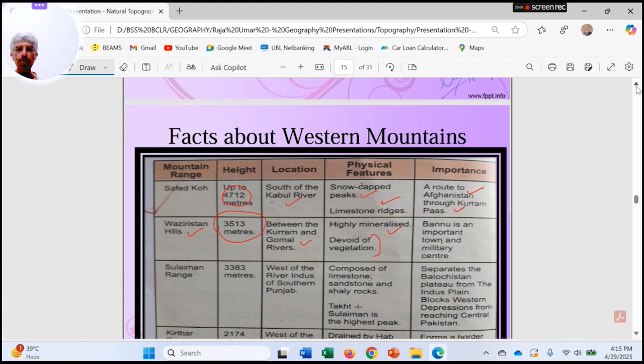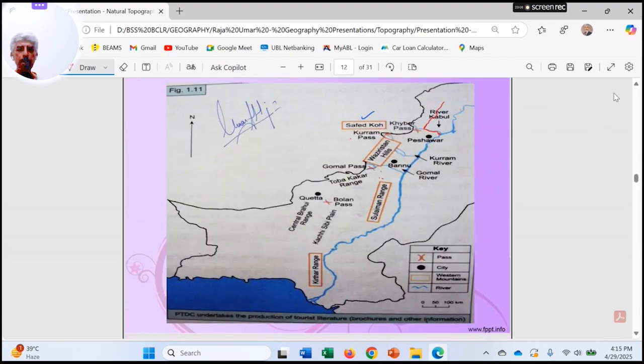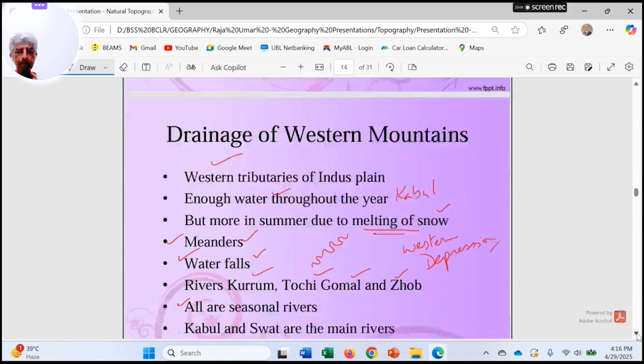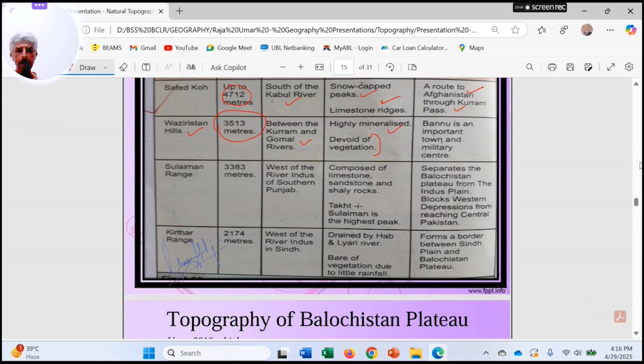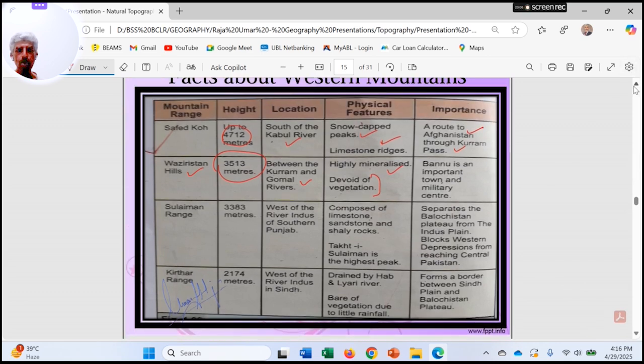Again, if I go to the map, you will see Bannu region over here on the eastern side of Waziristan Hills.